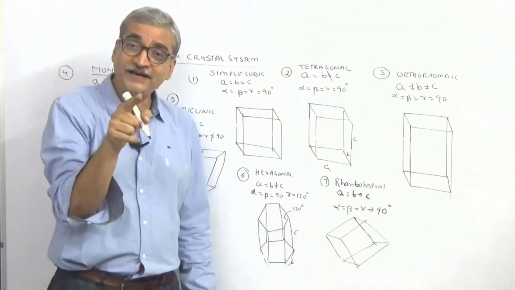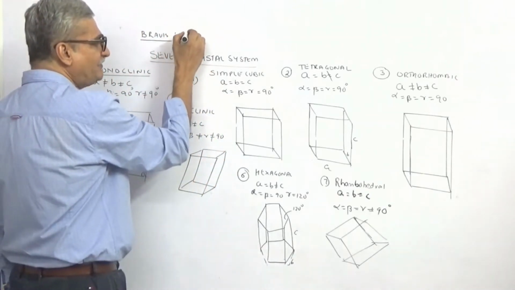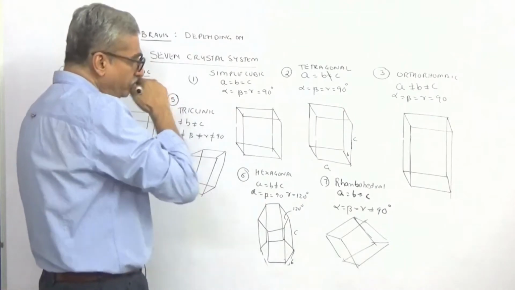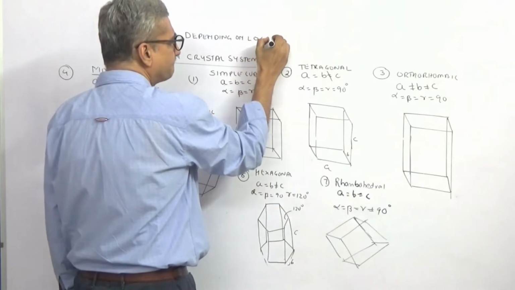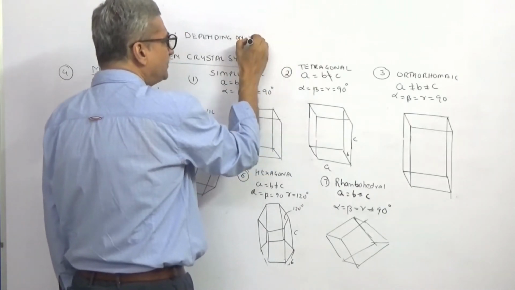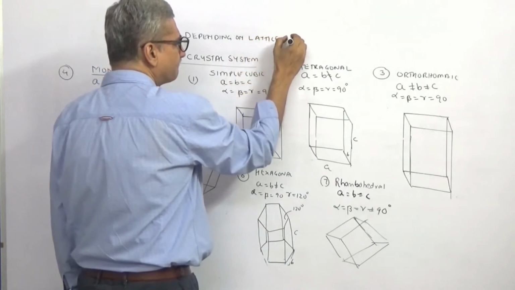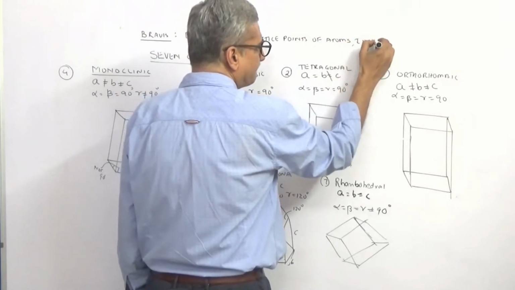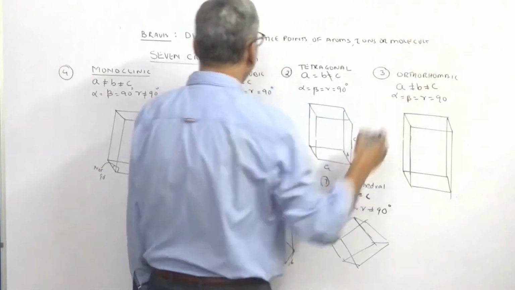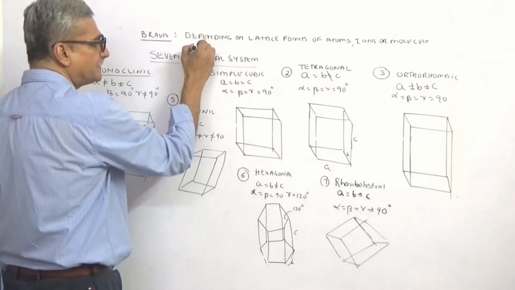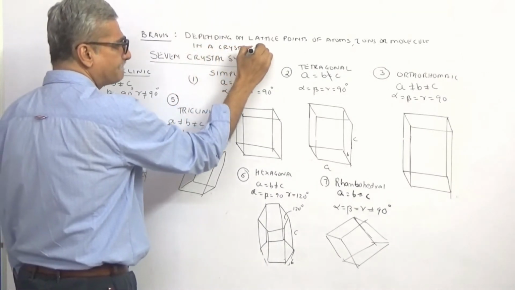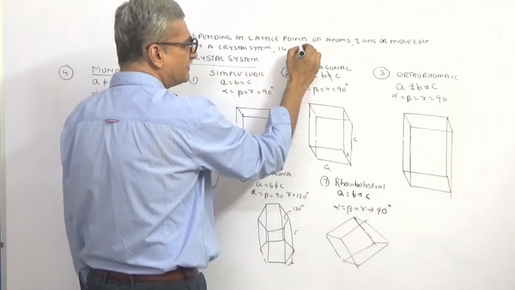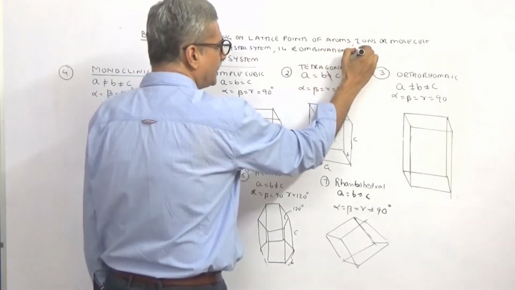Bravais said that depending on the location of the lattice points of atoms, ions or molecule in a crystal system, 14 combinations are possible.